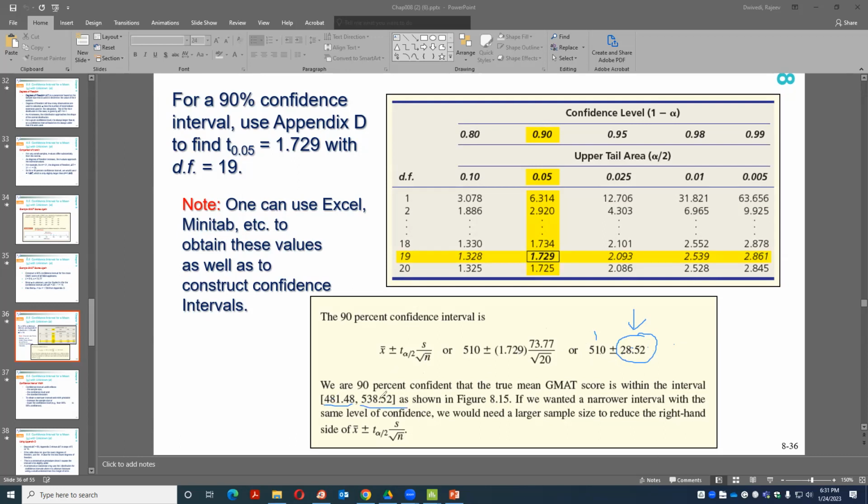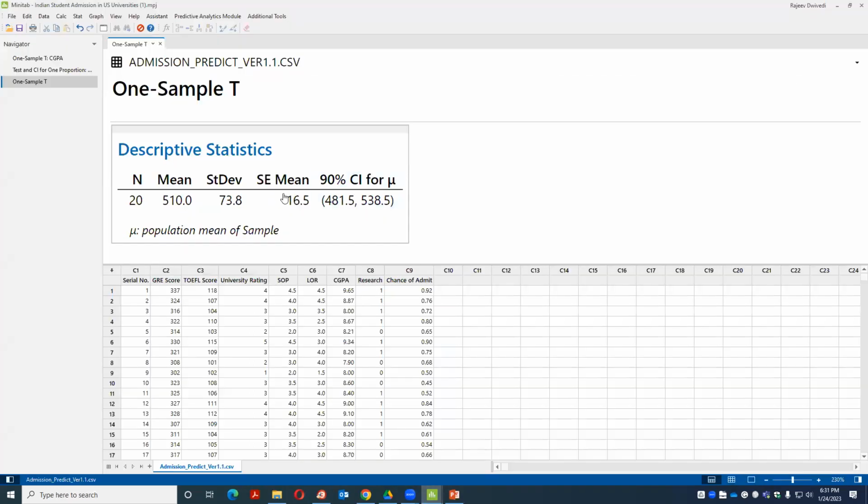So 481 and 538, what do we get here? 481.5 and 538.5, same values. So in Minitab, if you subtract this from the upper limit, you get 510. So how can you get the margin of error here?